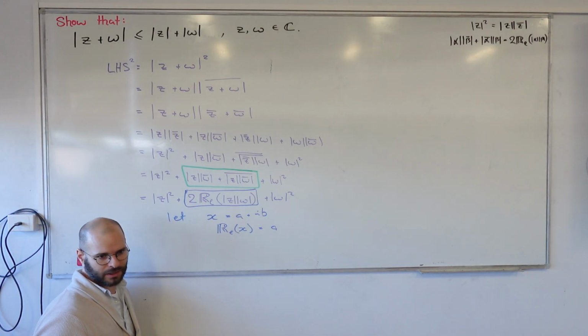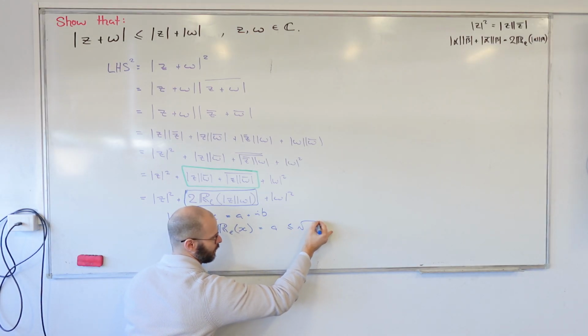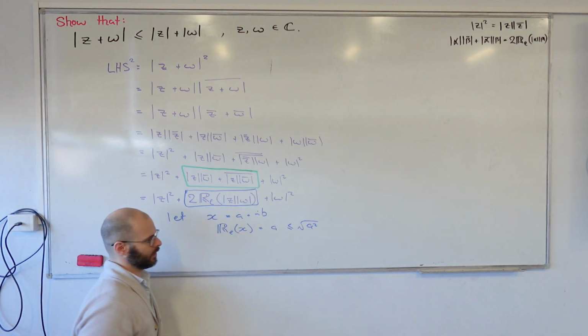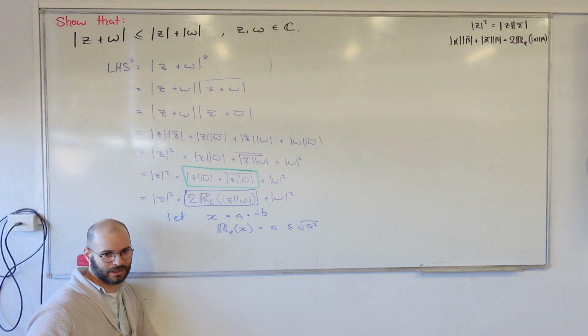And if the real component is just a, we know that this is going to be less than or equal to the square root of a squared. Because a can either be positive, in which case it's equal to, or it can be negative, in which case it's less than. Do we agree?